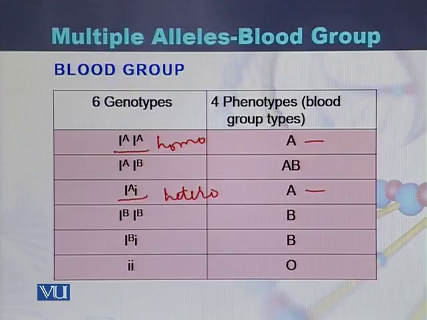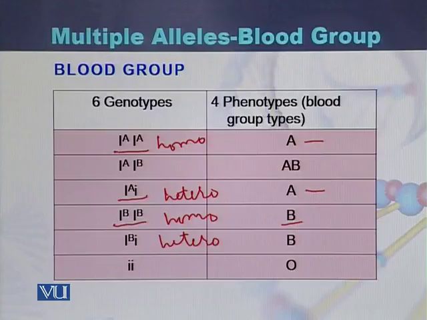Blood group B is in two forms, homozygous form and heterozygous form. Here we can see that both alleles are B and the blood group is B, and this is in homozygous form, and here B is in heterozygous form.